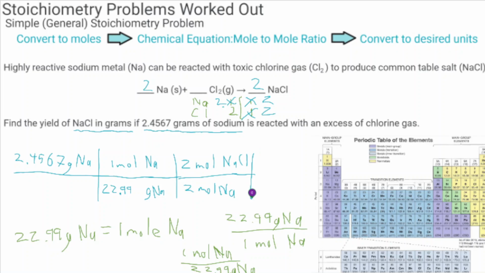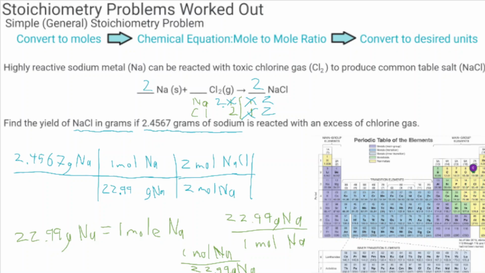All right, now that we are in moles of sodium chloride, our desired species, now we have to convert to the desired units of it. So we have the correct compound, but we need to get down to the right units. And so since it's asking for grams, we can look back at our periodic table again and see that we can have sodium right here, 22.99, that's grams per mole, plus that chlorine, that Cl, that 35.45.